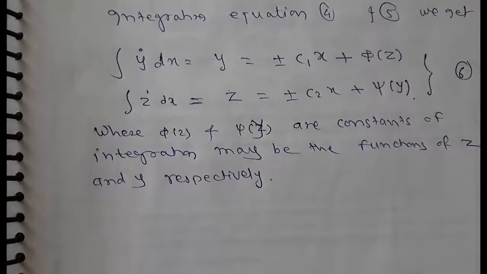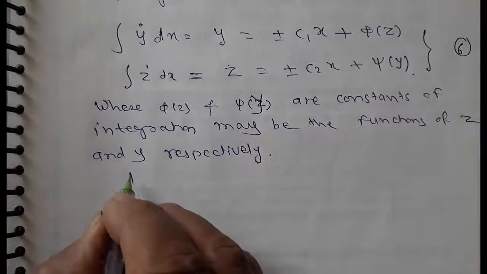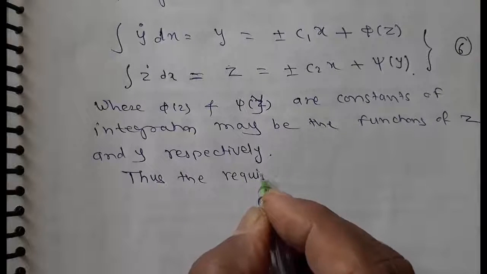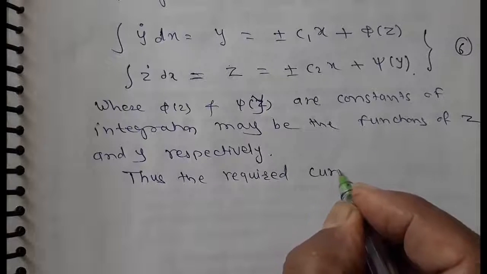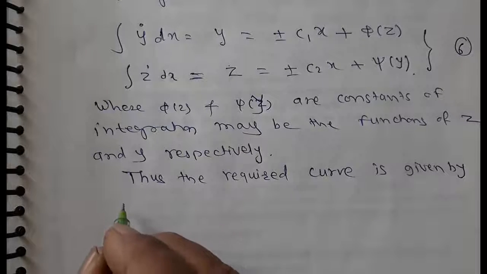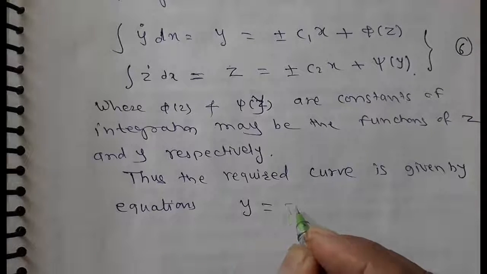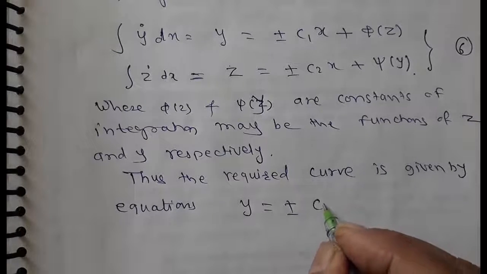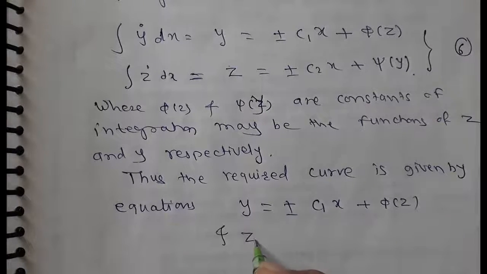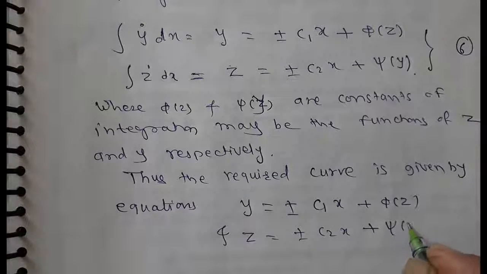Thus, the required curve is given by the equations y equal to plus minus c1 x plus phi of z, and z equal to plus minus c2 x plus psi of y.